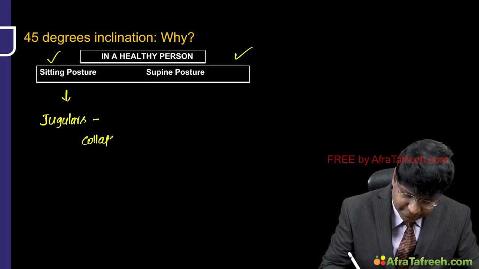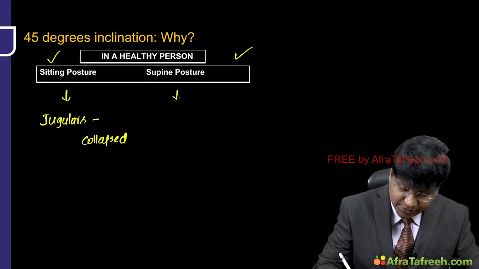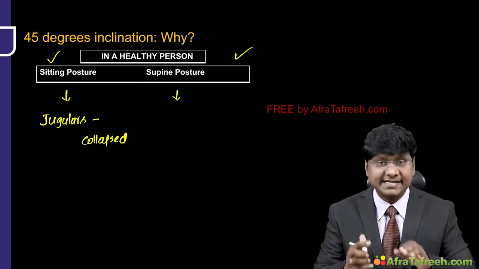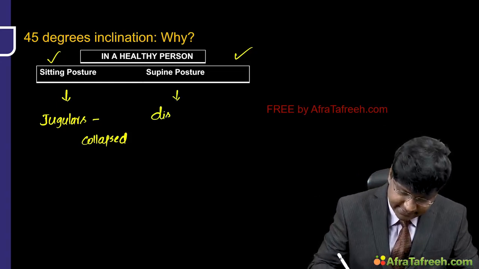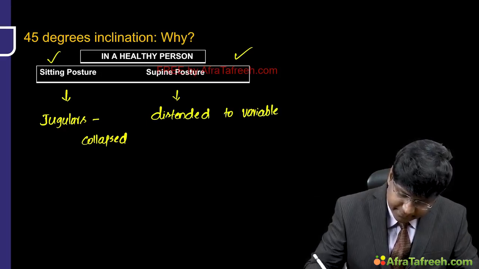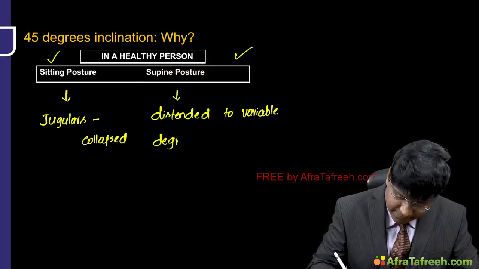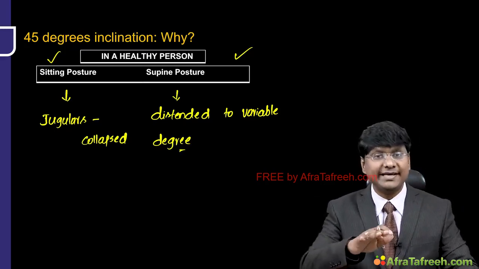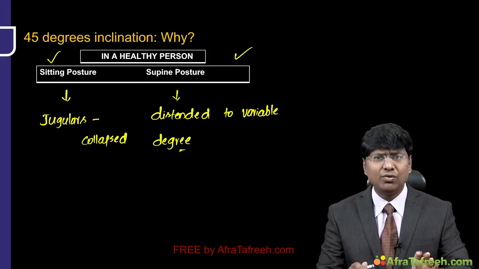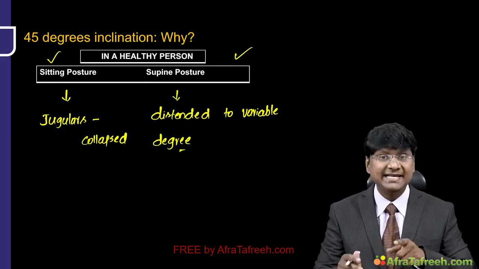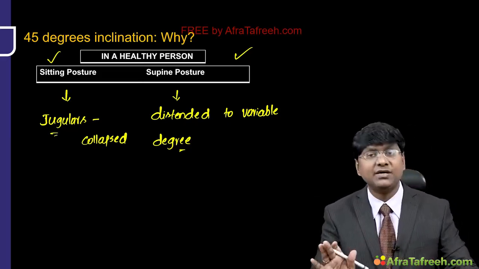Whereas in supine posture, the jugulars are distended to a variable degree when the individual is lying down.